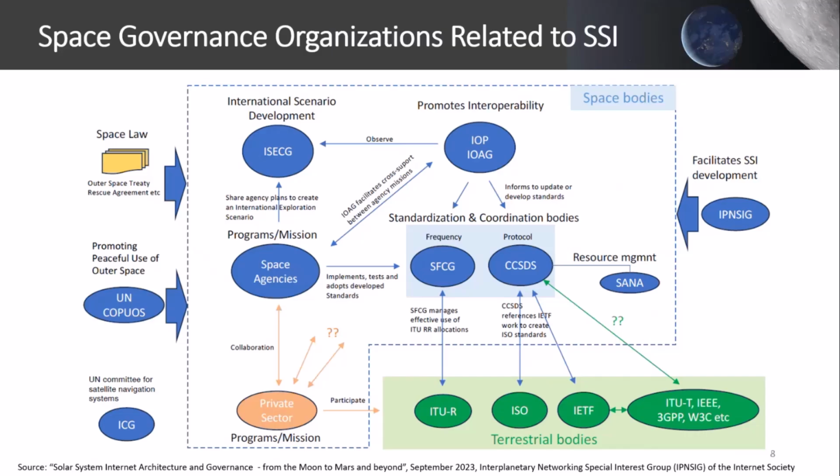And underneath that, in the middle, you see the SFCG that does frequency coordination, and CCSDS that does development of space data standards that are either developed by CCSDS or adopt or adapt standards from other standards organizations that you see down below in the green boxes for use in space.